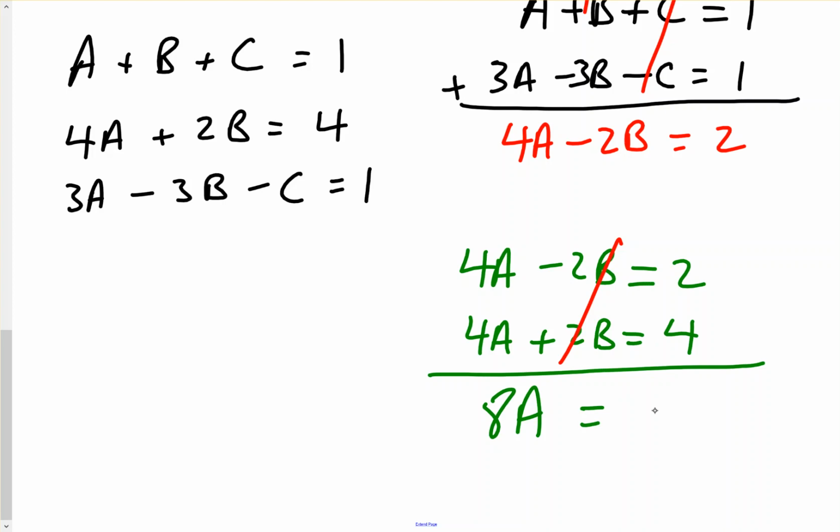And then 2 plus 4 equals 6. We divide both sides by 8. So we get a equal to, reduce that, 3/4. Okay, so if a is equal to 3/4, we could plug that 3/4 into either equation, and we could solve for b.